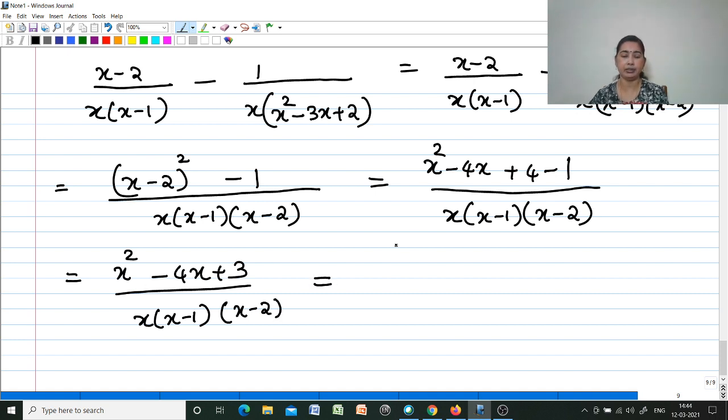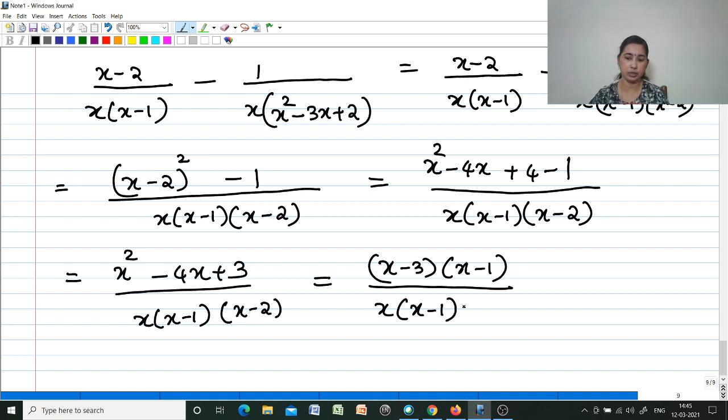And this we can factorize. x square minus 4x plus 3 can be factorized as (x minus 3) into (x minus 1) divided by x into (x minus 1) into (x minus 2). x minus 1 we can cancel.